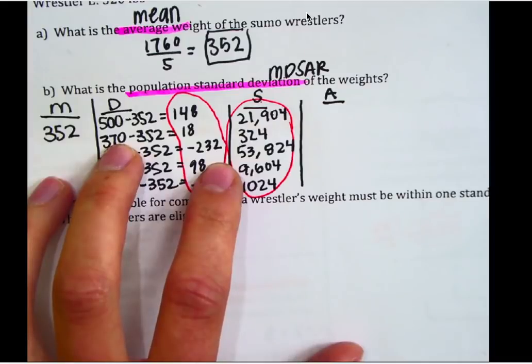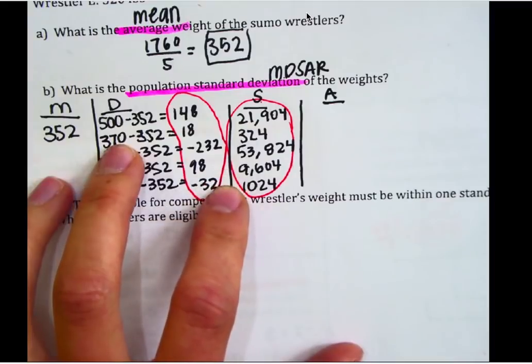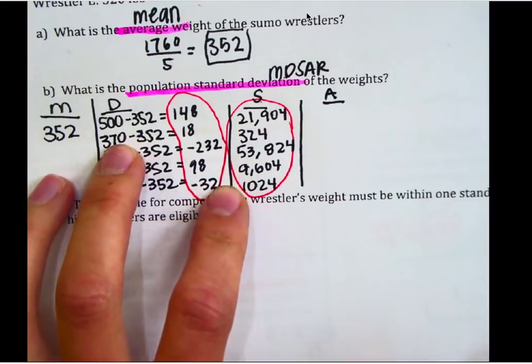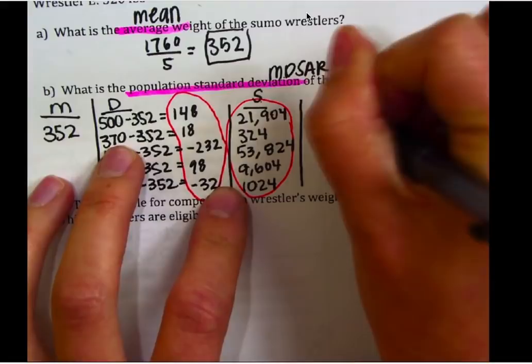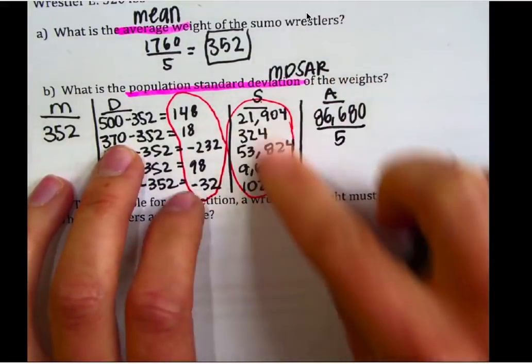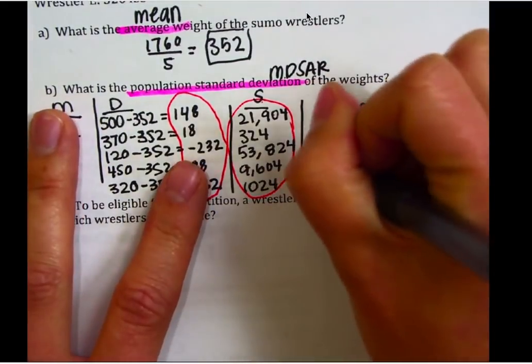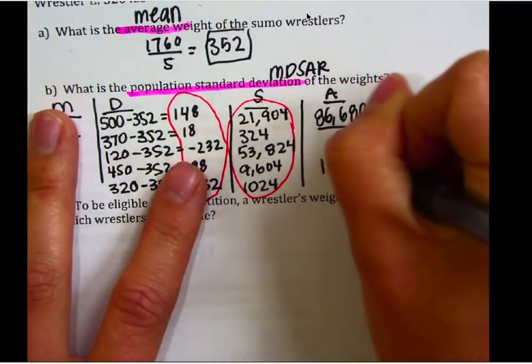Let me double check that. Plus 9,604 plus 1,024. That's going to give me 86,680, but I need to divide that by 5 because there's 5 values. And when I do that, I get an answer of 17,336.